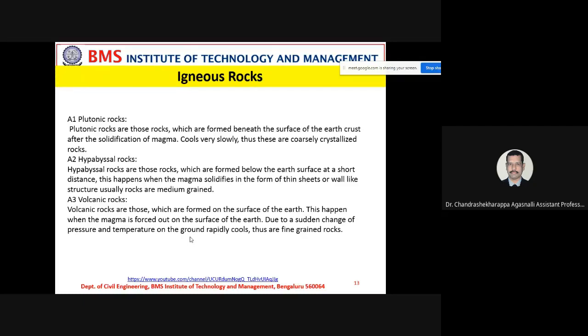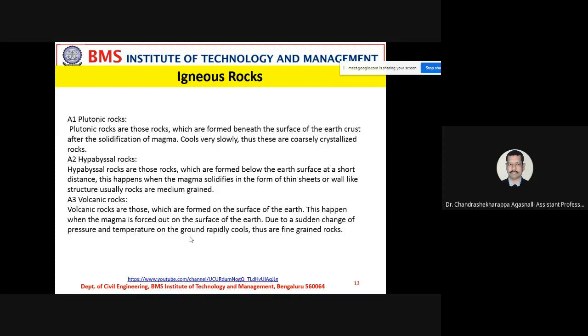Plutonic rocks form at a very deep level in the subsurface of the earth, maybe more than 30 kilometers down below, and then it cools very slowly because it is not exposed to the air. There is no sudden cooling here. Because of the high temperature and pressure down below the earth, plutonic rocks cool very slowly, and the crystals are very coarse grained.